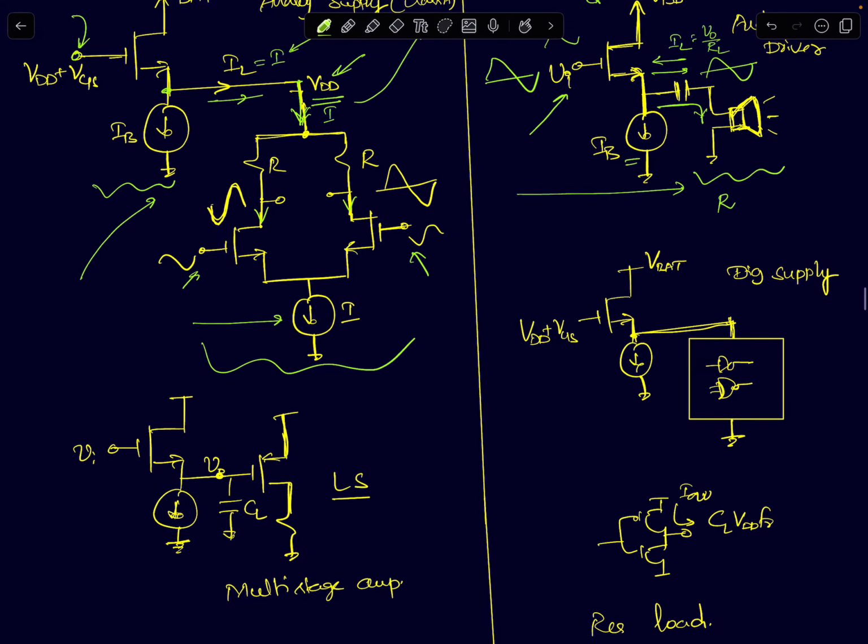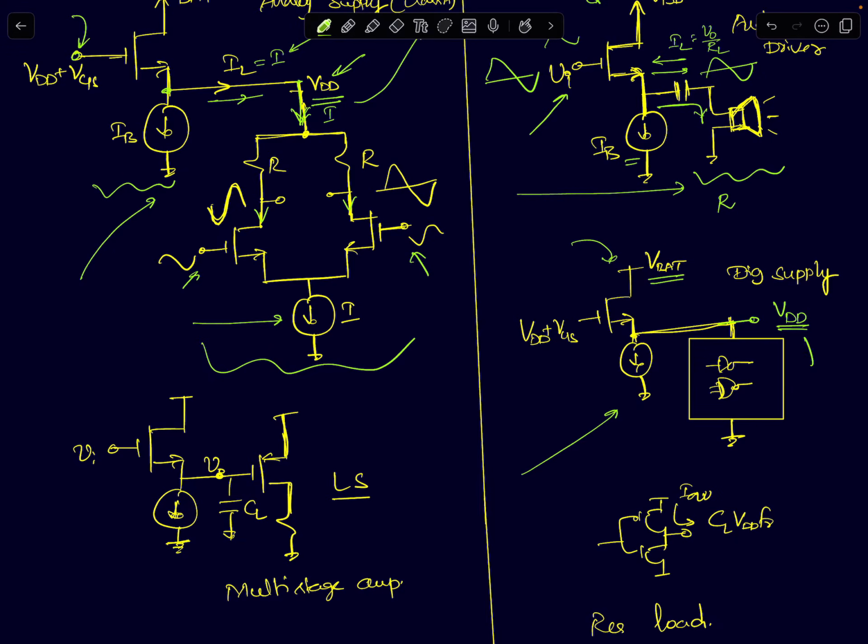Another example of a resistive load is again an output stage of a low dropout regulator, where a source follower structure is used as a final stage. We'll come back to what low dropout regulators are in great detail. Right now you can treat them like a DC to DC converter. You have a battery, and from that battery you need to generate a clean supply VDD.